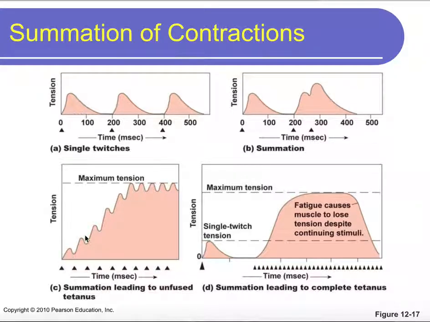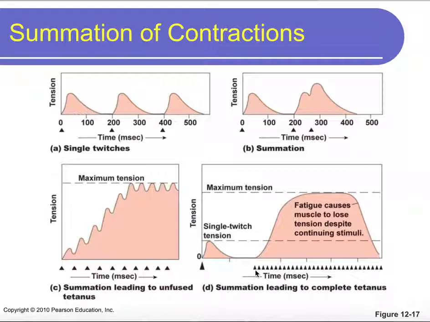Now, when we keep doing this, eventually we get to a point where we reach our maximum tension. That's because at some point, no matter how much you stimulate the muscle, that's the maximum force it can produce. Now, this type of tetanus here is known as an unfused tetanus, versus over here we have a fused tetanus. The word fused means stuck together.